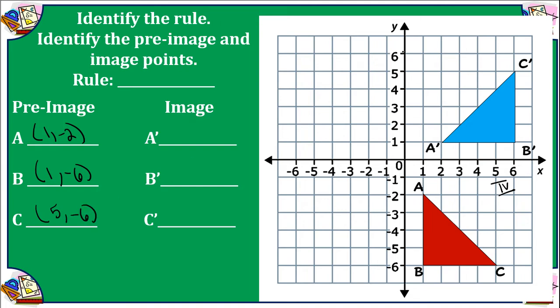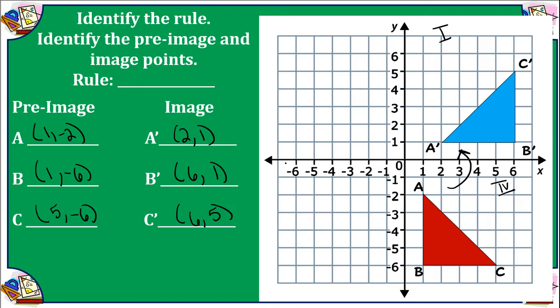A prime is going to be (2, 1), B prime is (6, 1), and C prime is (6, 5). So we went from quadrant 4 to quadrant 1 going counterclockwise.